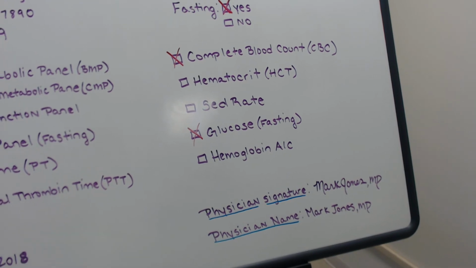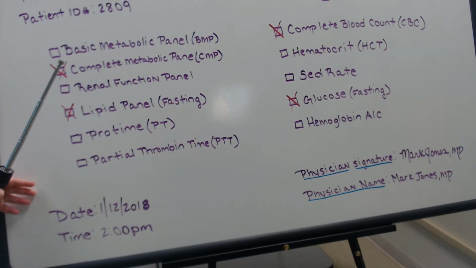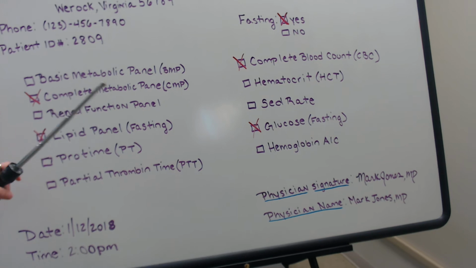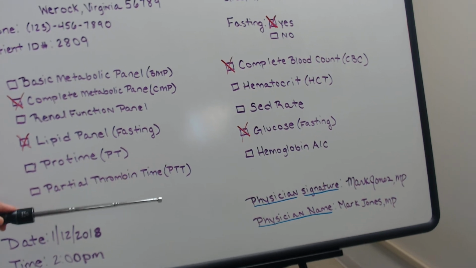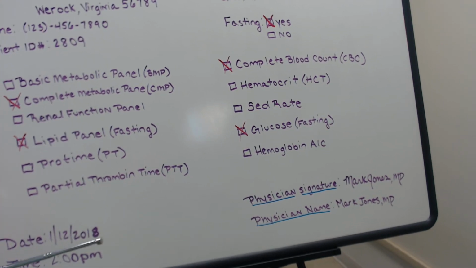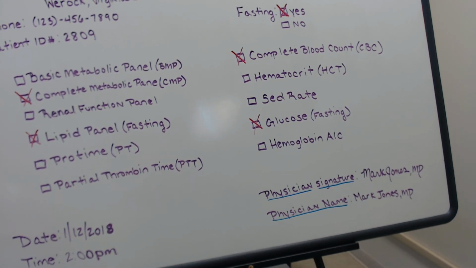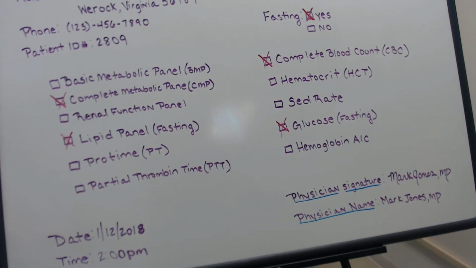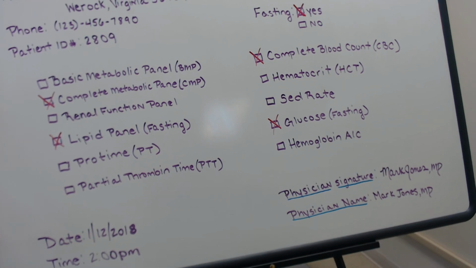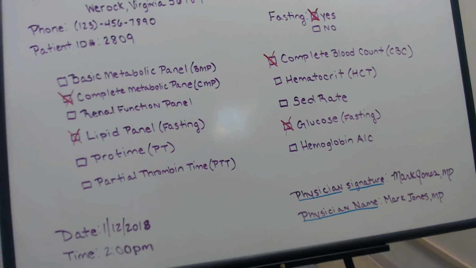It's always going to need to be timed and dated when you draw the blood, and you should always make sure that the physician's signature and name are on the requisition to make sure that it is official and you're able to draw the blood on the patient. So we will go ahead and get our patient called back, and then we will get our tubes and everything that we need.